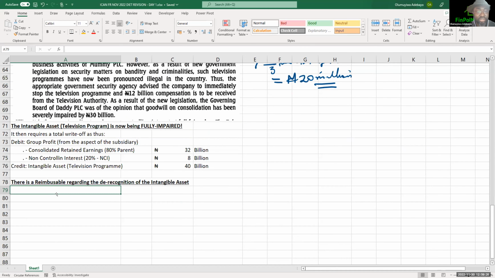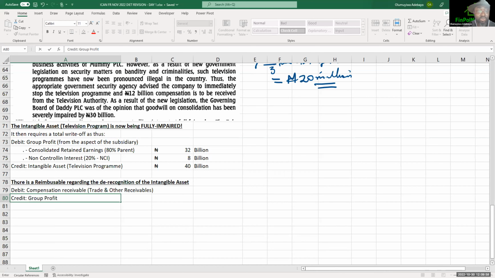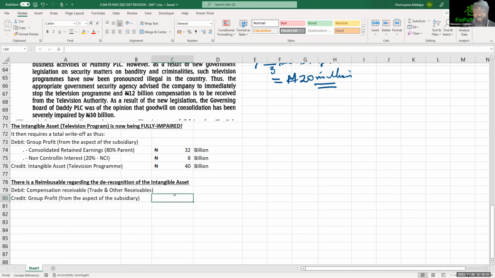Therefore, the accounting entry will be to recognize compensation receivable, which can be part of your trade and other receivables, and a credit to group profits to reduce the impact of that loss. And that's 12 billion.